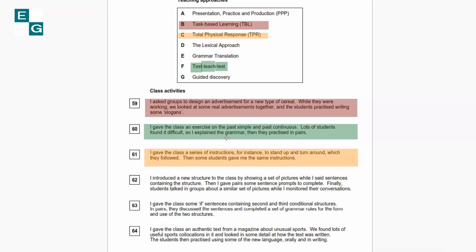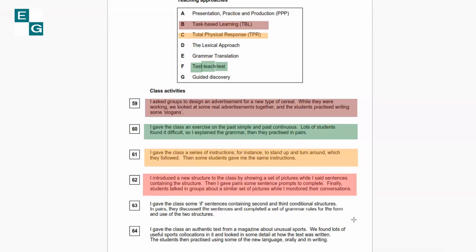Then we have 62. And it says, I'm going to get a color here first so we can understand the option selected. I introduced the new structure to the class by showing a set of pictures while I said sentences containing the structures. Number one, you presented, you taught, you introduced.